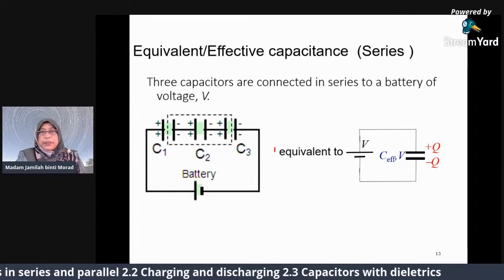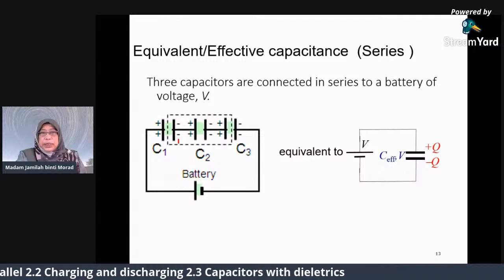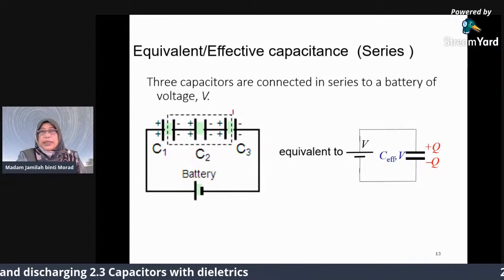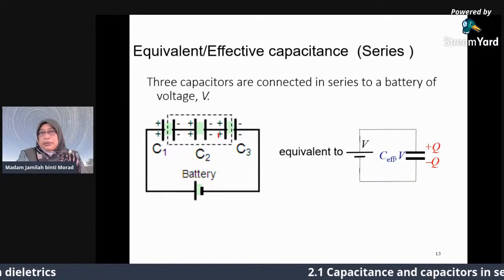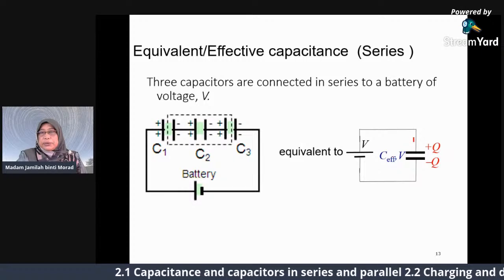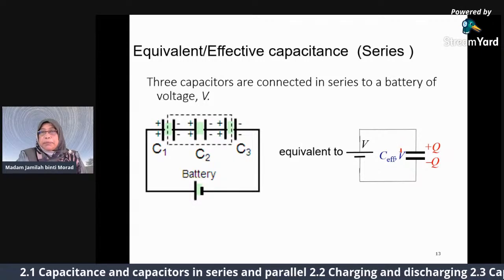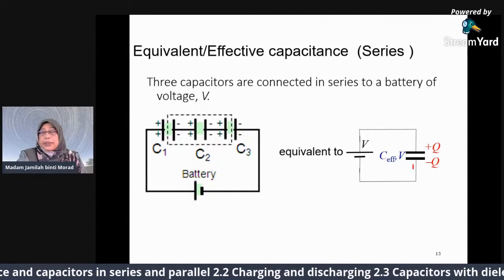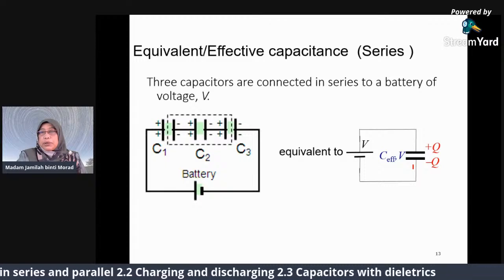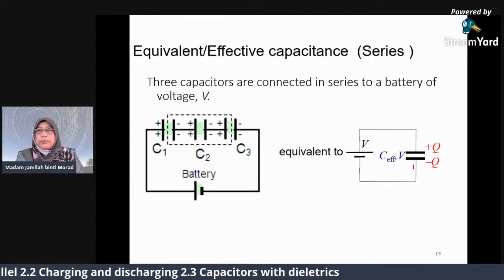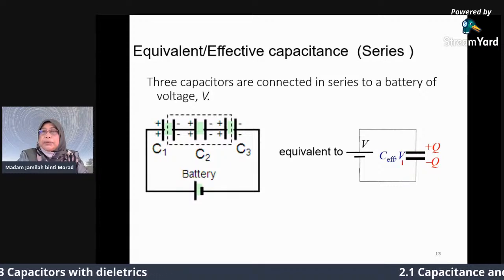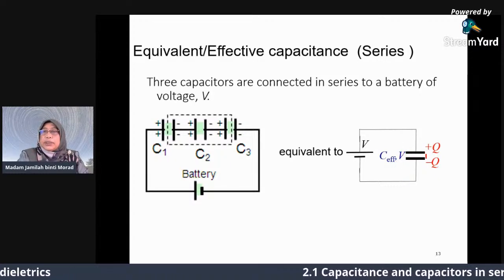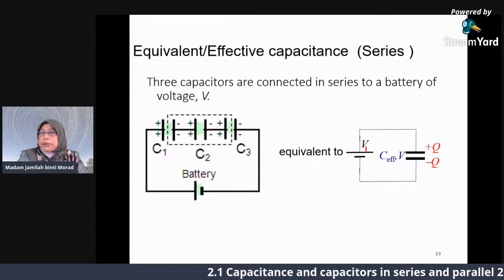Equivalent capacitor means that you want to total up these three individual capacitors and treat them as just one capacitor, which we call C effective. Then the total voltage here should equal the voltage supplied by the battery.